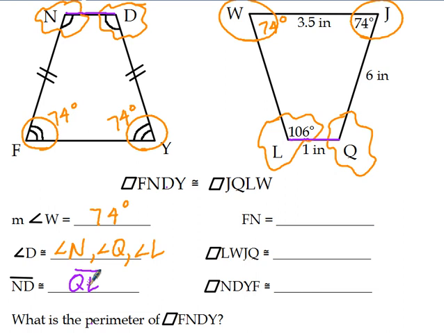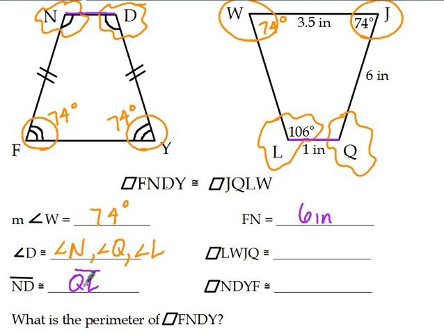Now for FN, are my first 2 letters, so that's the same as JQ, and JQ is here, so that's going to be 6 inches. So again, with an equal sign, you want a number. With a congruent sign, you want an object.